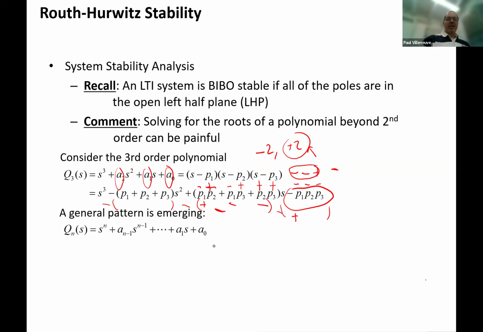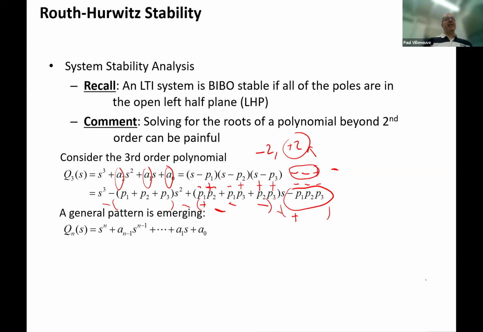Because it could be that the positives of these are enough to counteract it. But a necessary but insufficient condition is there can be no sign changes in our characteristic equation. All the numbers have to be positive numbers. Okay? That's the thing that we're seeing out here.